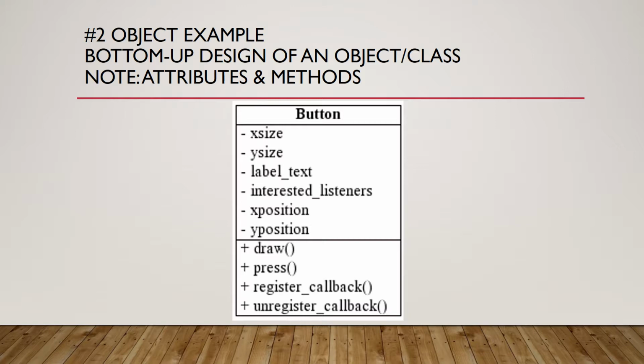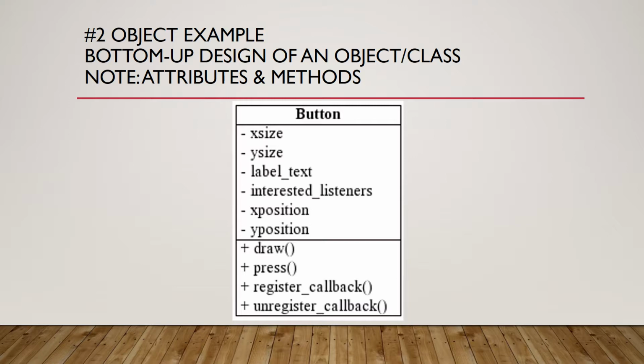Well, this button class, if you will, may have attributes like X size, Y size that define the size of the button, a label, the interested listeners, which screens perhaps are using the button, and the X position, Y position on the screen that button lives, if you will.